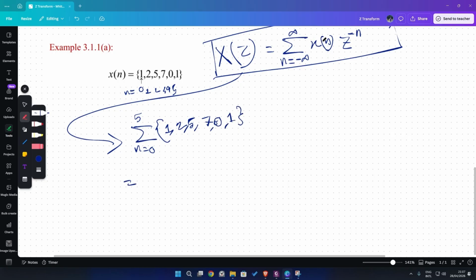So the value of x of 0 is 1, the magnitude of x of 0 is 1. Then the magnitude of x of 1 is 2, and n equal to minus 1. So I'm writing the later terms.